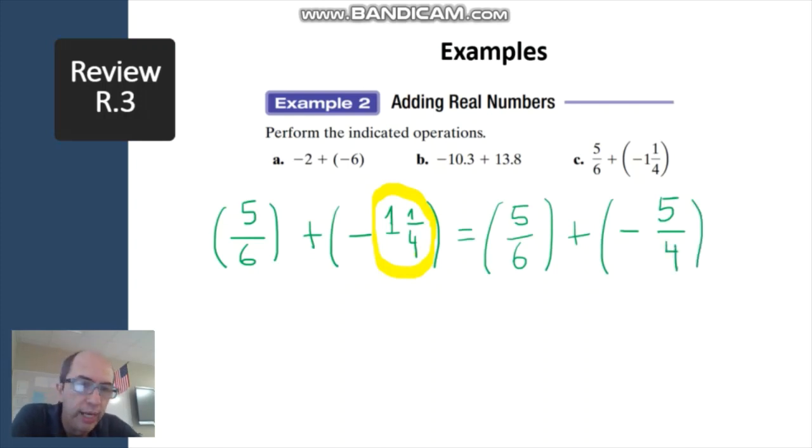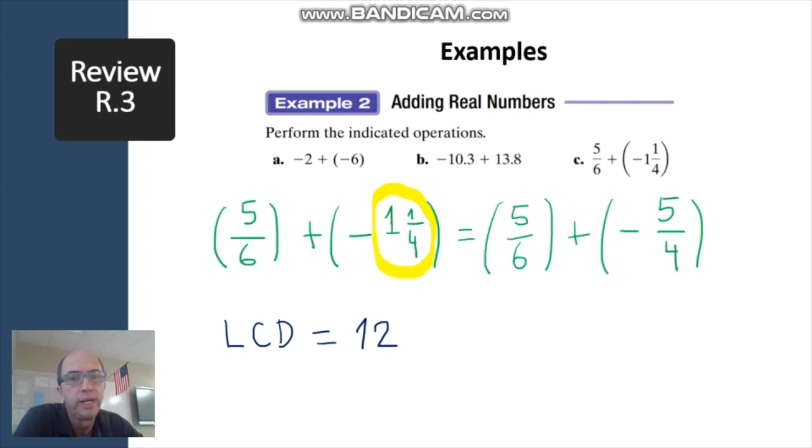Now we need to find the least common denominator. One way of finding it is starting from the smaller denominator, 4. Add another 4, 8. Add another 4, 12. 12 is 2 times 6, so the least common denominator is 12.